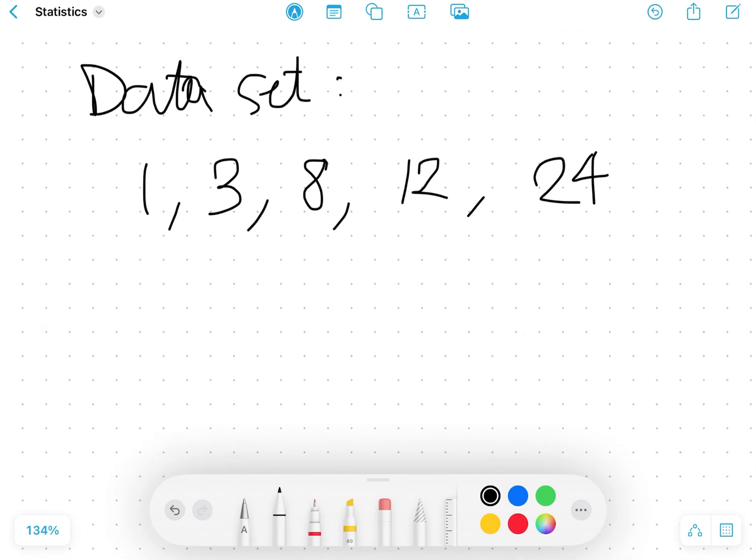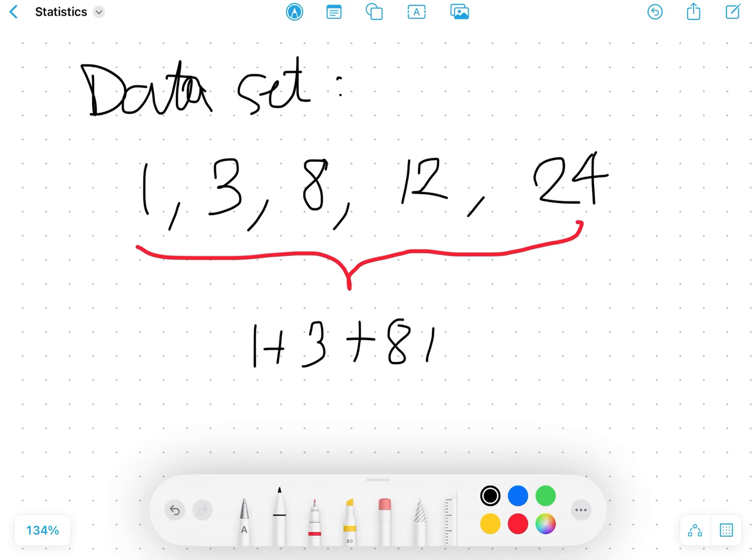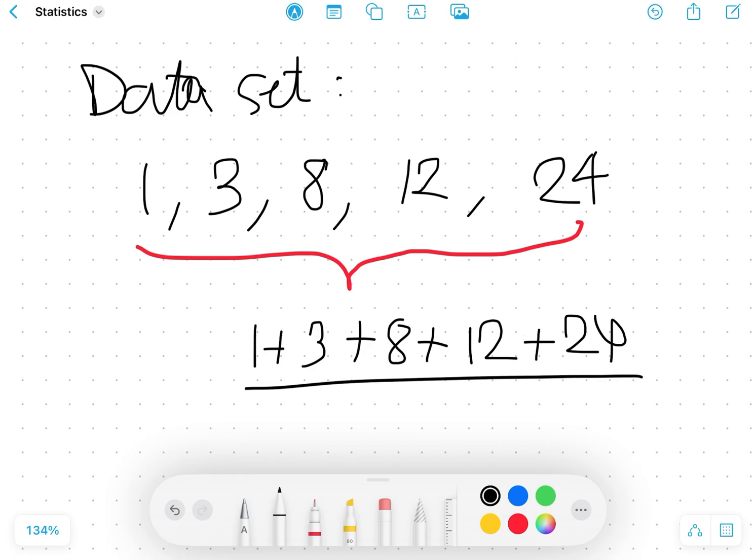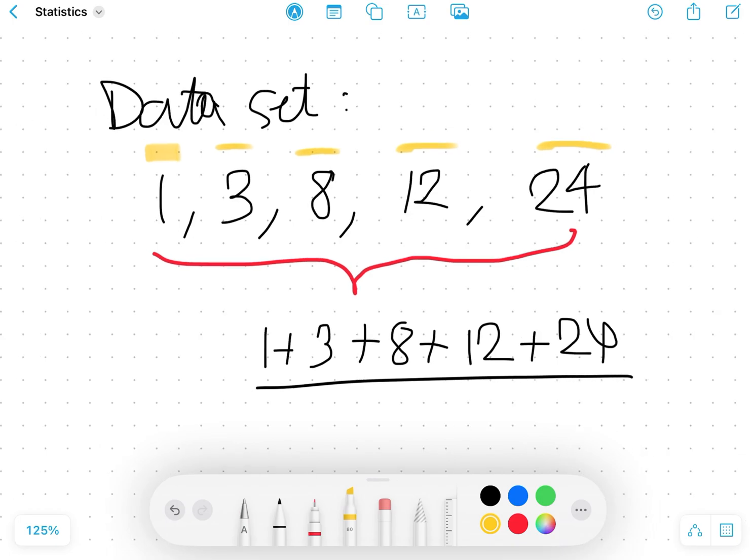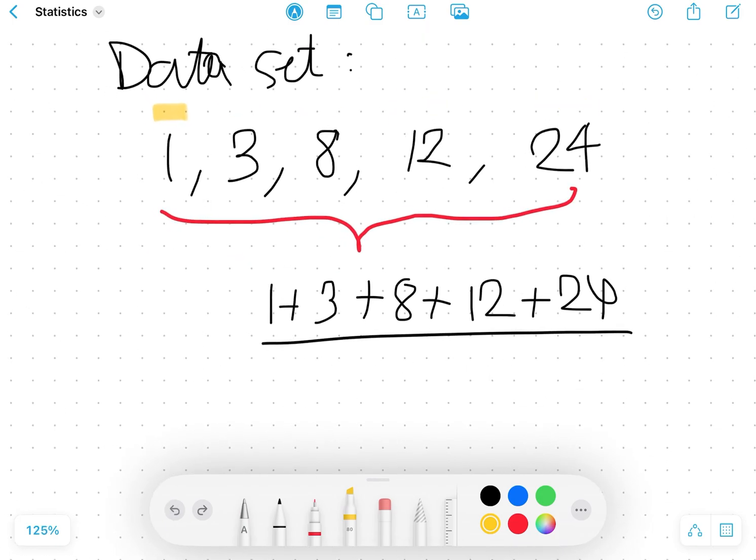If we wanted to calculate the mean value, we would first find the sum of these values, 1 plus 3 plus 8 plus 12 plus 24, over how many entries there are in the data set. There are 5 different numbers, so that's 5 entries. You divide by 5 and that will give you the mean value.